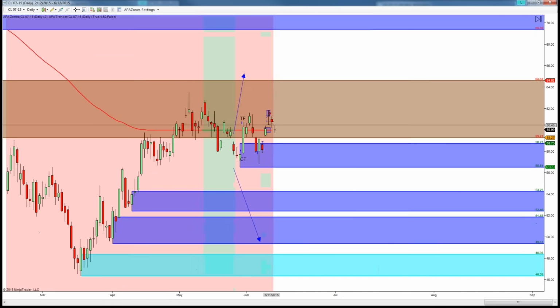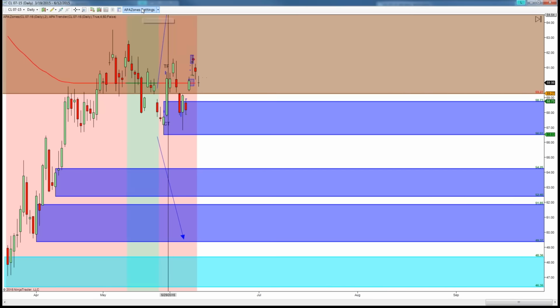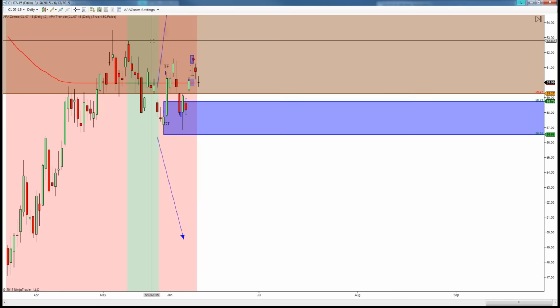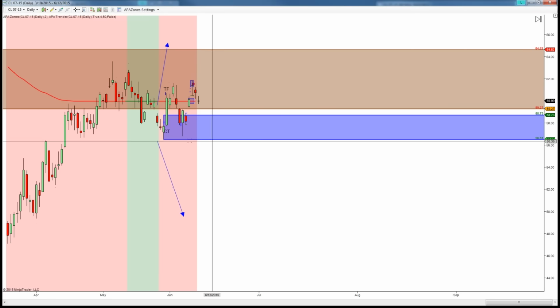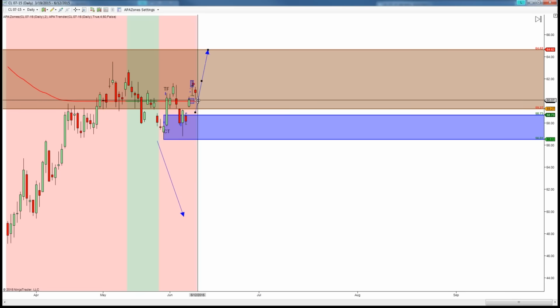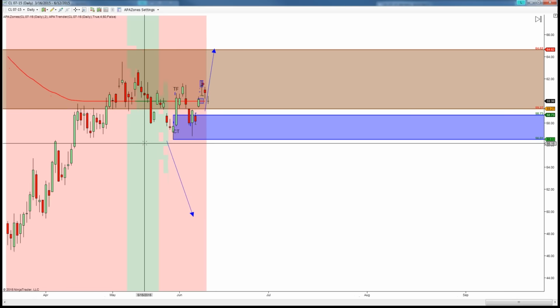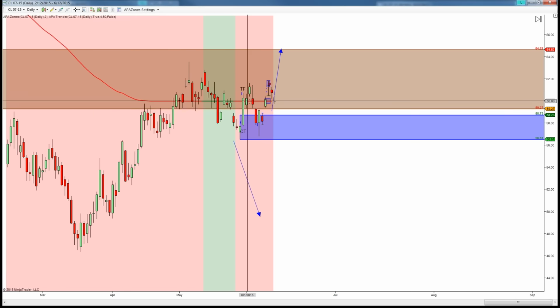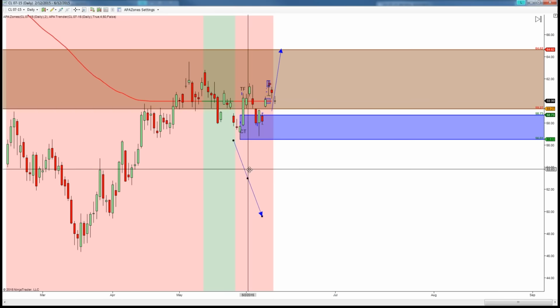So on the daily, this is what we have identified, and I've been looking for trend follows to the long side. All right, so our trend is completely flat right now, which means we are in a range, folks.